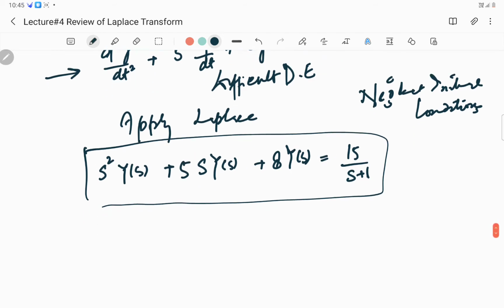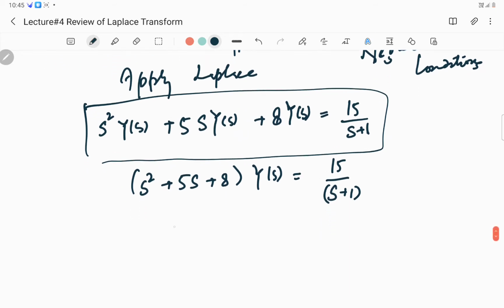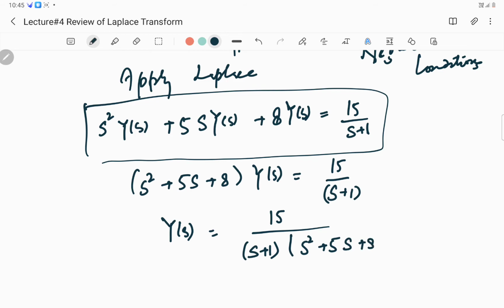For example, we can write it as s square plus 5s plus 8, with Y(s) taken out, equal to 15 over s plus 1. And now I can write Y(s) is 15 over s plus 1 times s square plus 5 times s plus 8.